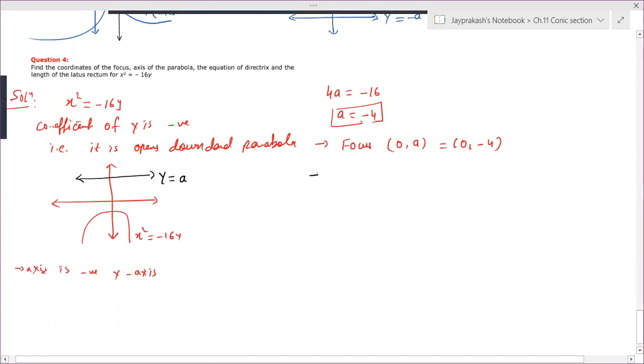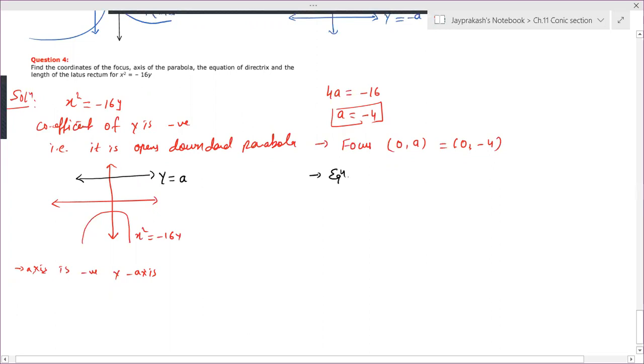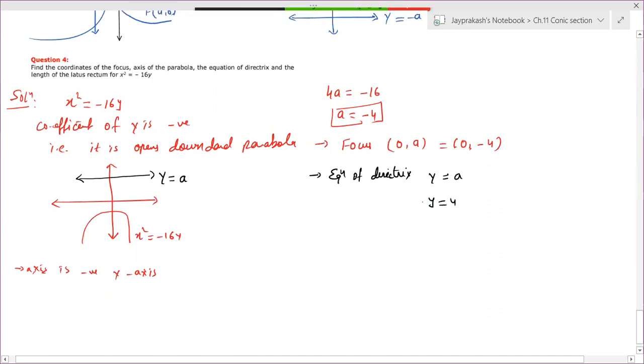So we have the equation of directrix, y is equals to 4.